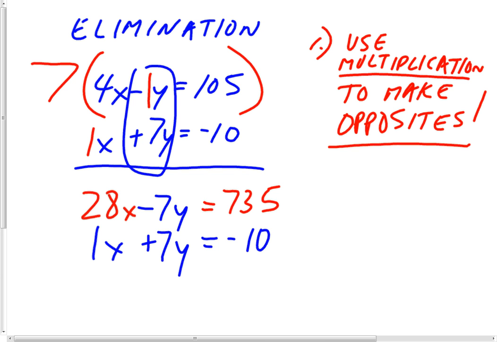You have to do some sort of memorization of the procedure, otherwise you're just going to stare at your paper on Thursday. Whatever you do, try and make opposites. What's the second step? After I make the opposites, what did I do?